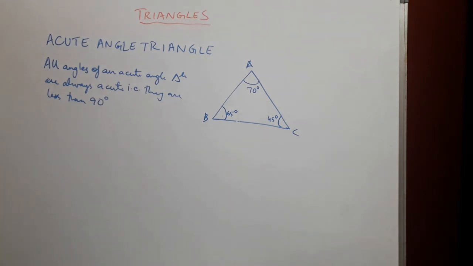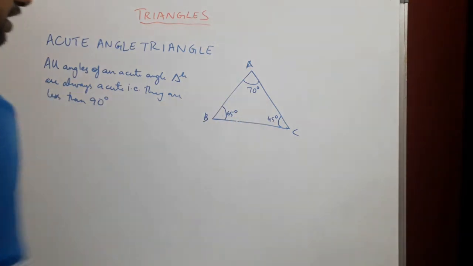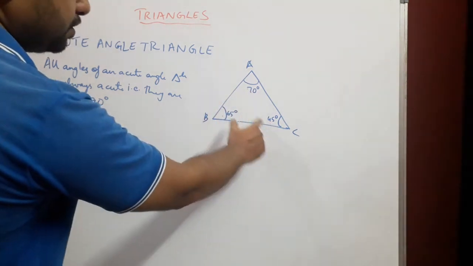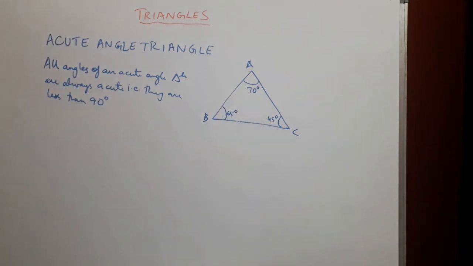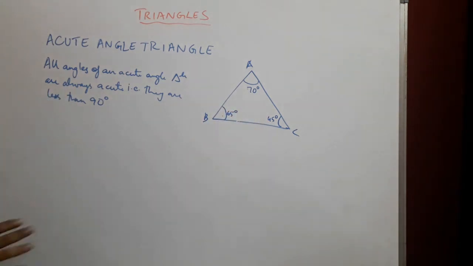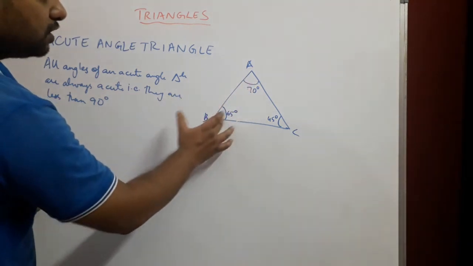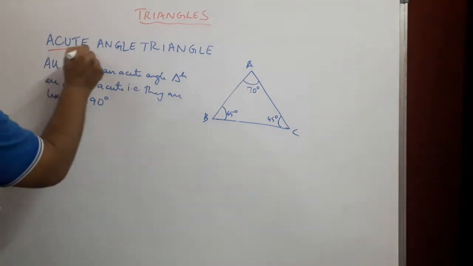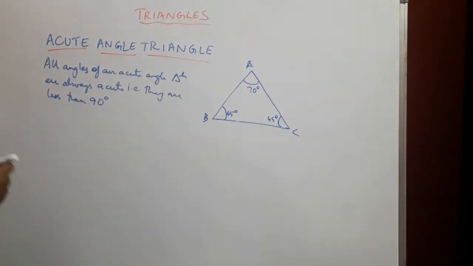That doesn't mean that the addition of all these three will not come up to 180 degrees. If you add them up, you will get 180 degrees. So that doesn't come in the way of the property of the triangle. Here it only shows you that all the angles of a triangle are acute. Such a triangle is referred to as an acute angle triangle.